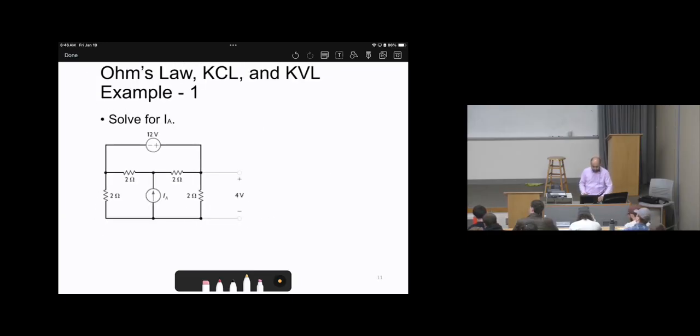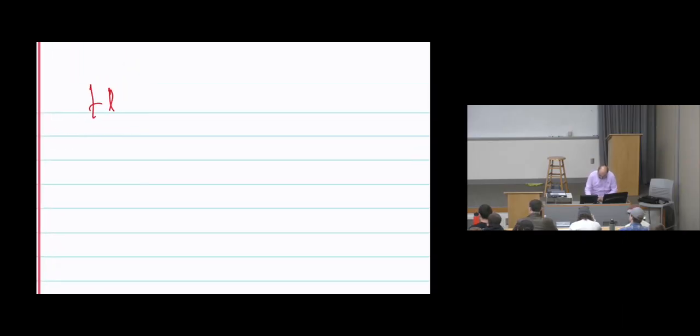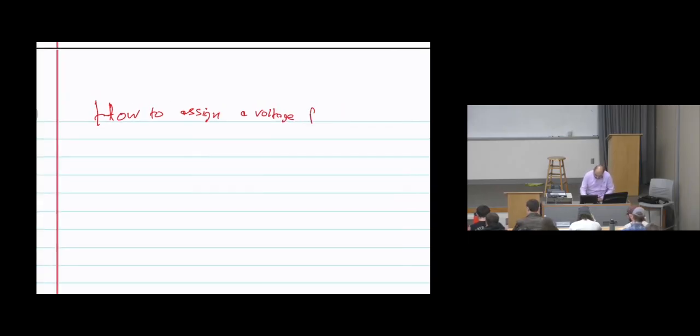That's what I'm going to write now, which is how to assume current directions or voltage polarities. So my topic here is how to assign a voltage polarity and current direction.